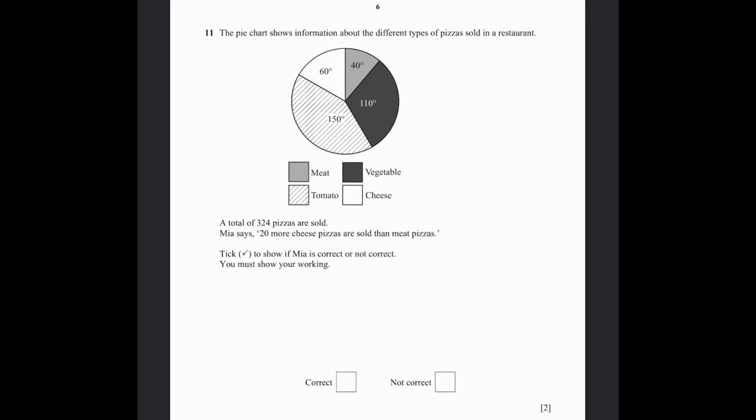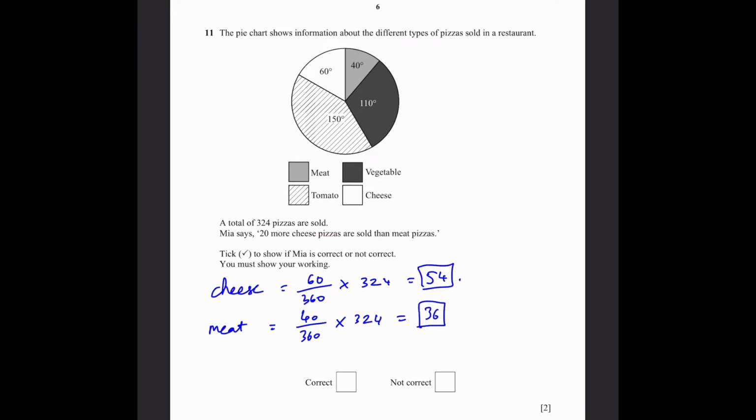So the number of cheese pizzas is going to be equal to 60 over 360 times 324. And doing this, we get 54 pizzas. Now, what about the meat pizzas? Meat is the gray one, 40 degrees. So the meat pizza number will be equal to 40 over 360 times 324, which is equal to 36 meat pizzas.